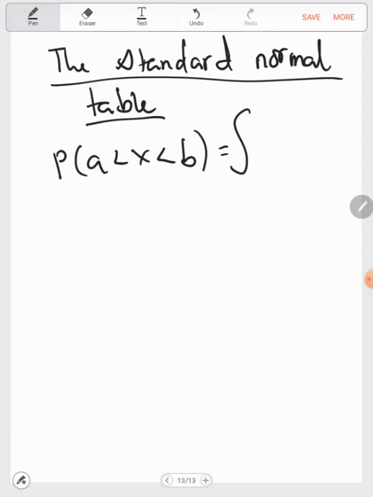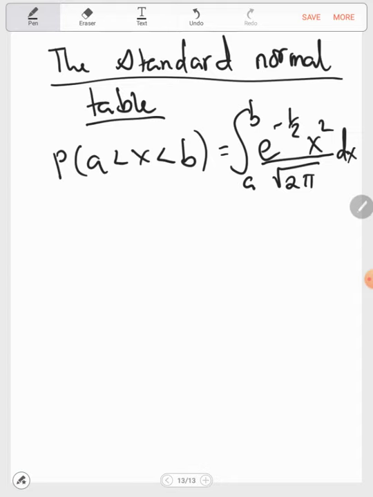We know that the probability is given by this. This time we just have x squared, because remember the mu is 0 and the standard deviation is 1. So that is now simplified to that 2 pi dx.